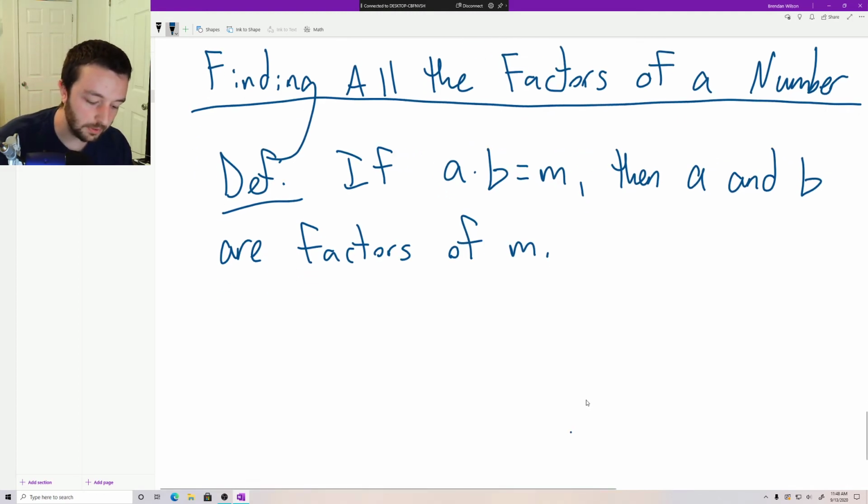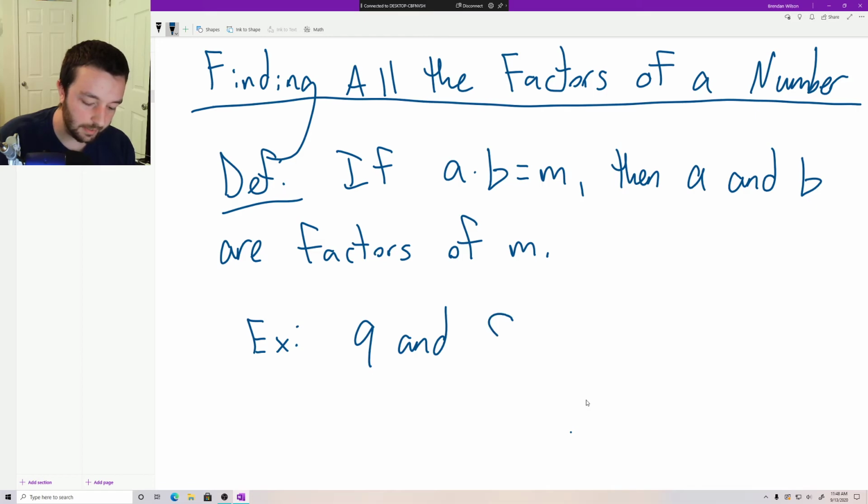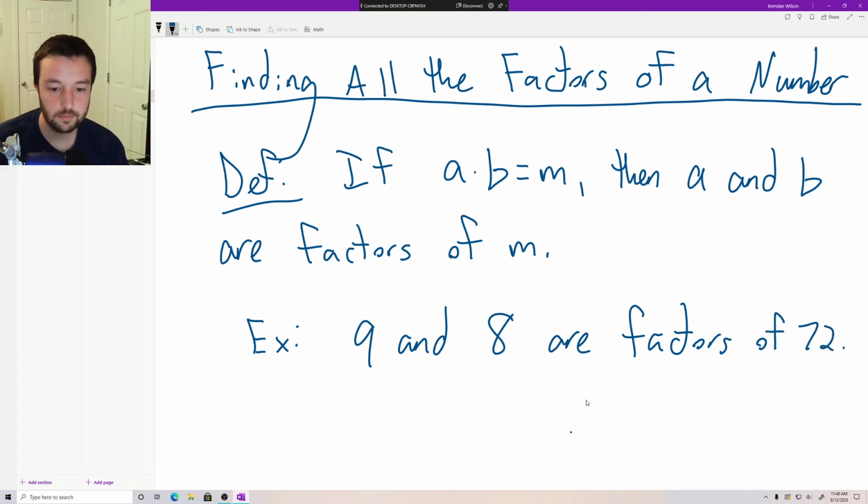So for example, 9 and 8 are factors of 72, because 9 times 8 is 72.